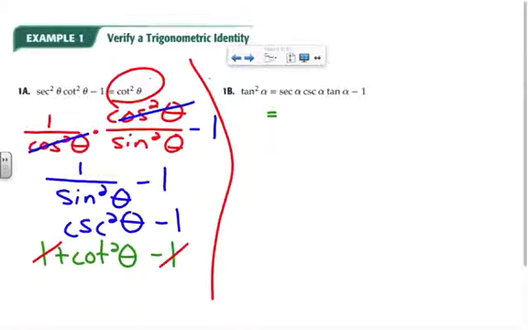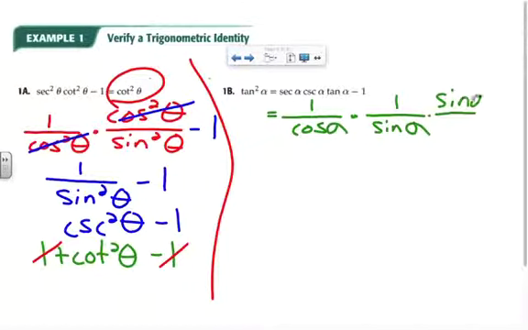So tangent squared of alpha, I'm trying to show is equal to that stuff on the right. So that stuff on the right, secant of alpha is equivalent to 1 over the cosine of alpha. Cosecant is equivalent to 1 over the sine of alpha. Tangent, we know, is sine of alpha over cosine of alpha, and then minus 1.